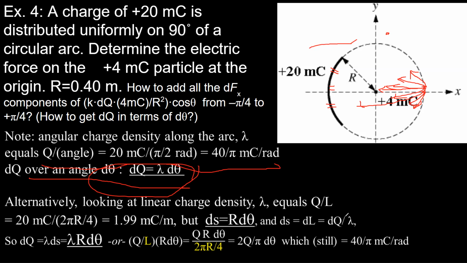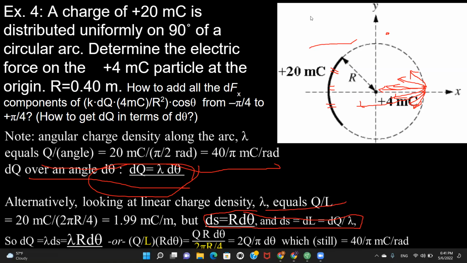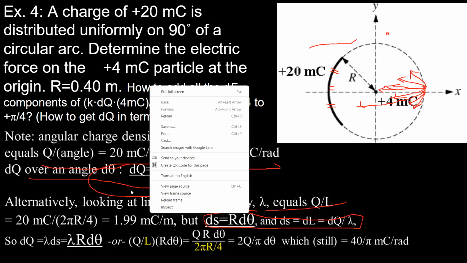So in this case, you can find the ds here. That's from your s being on the sides of this arc, which is equal to r d theta. Then ds is equal to dl, which is dq over lambda, so you could just multiply.